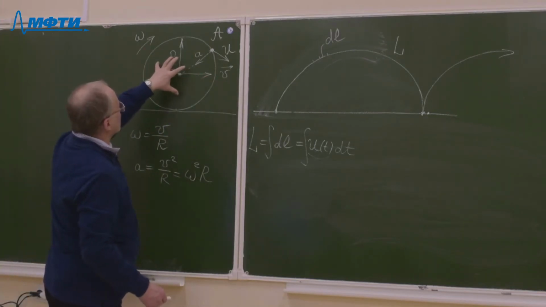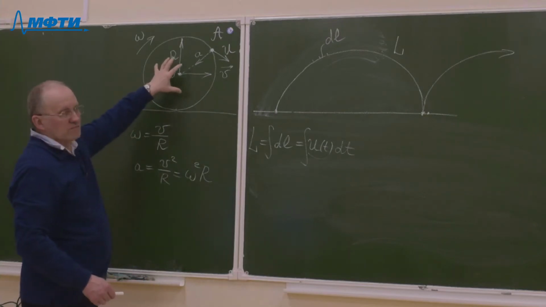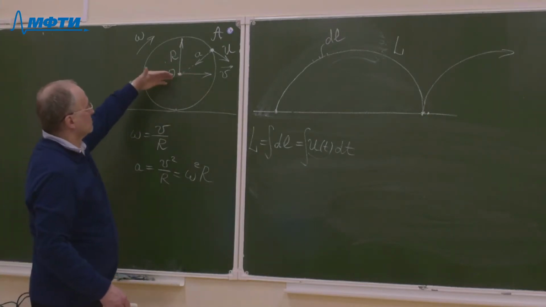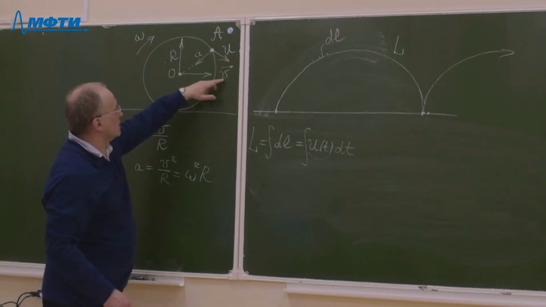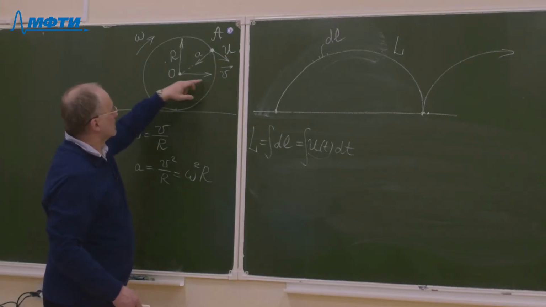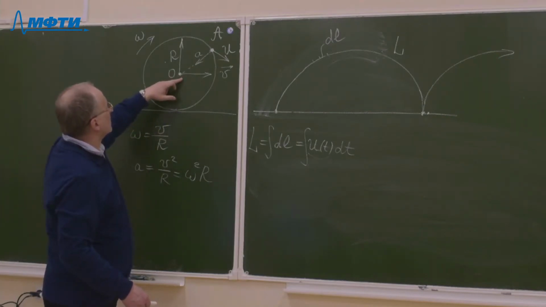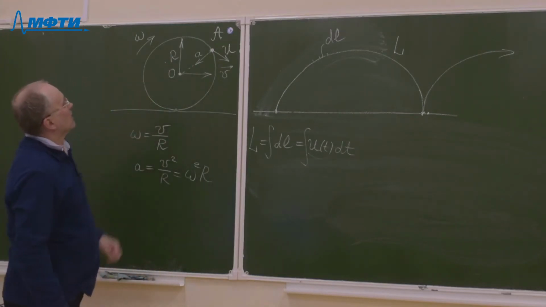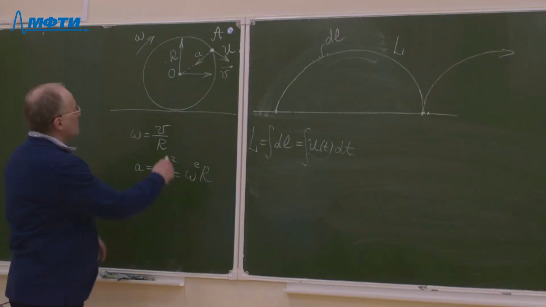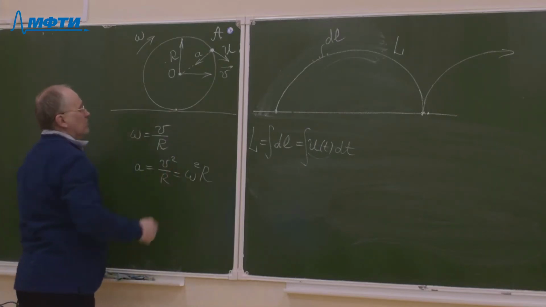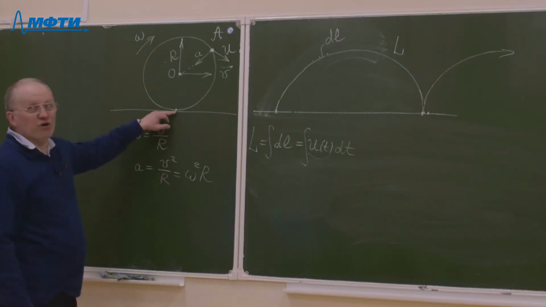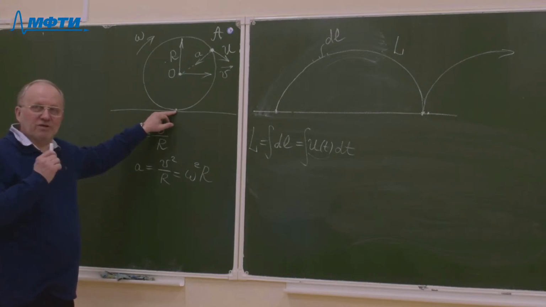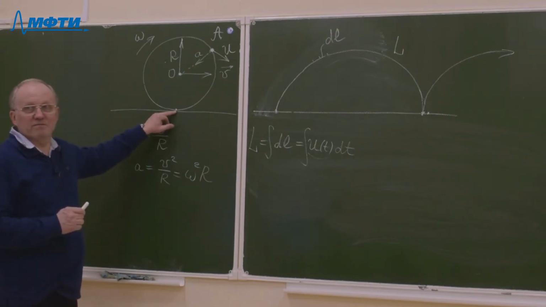The wheel is engaged in complicated motion because the center of the wheel moves as translation in space, and also the wheel is rotating. In this complicated motion, the only point of the wheel, this point, remains at rest at every time moment.